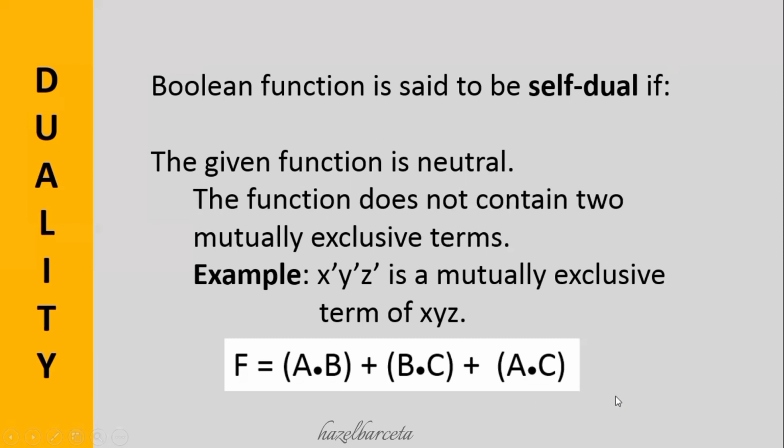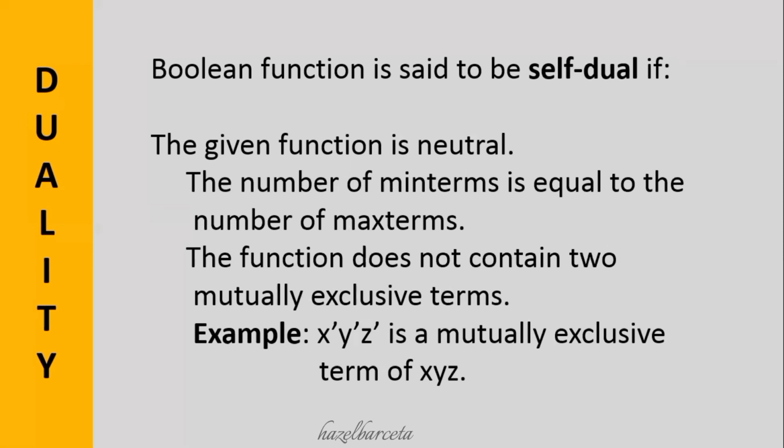So, ayun po ang mga considerations natin or conditions para maging neutral ang isang function and at the same time self-dual. Again, kapag self-dual, ano po ang ibig sabihin? Pagkakuha po natin ng dual ng function, kapag sinimplify po natin, lalabas po yung original na function or expression. So, that is self-dual. Okay?